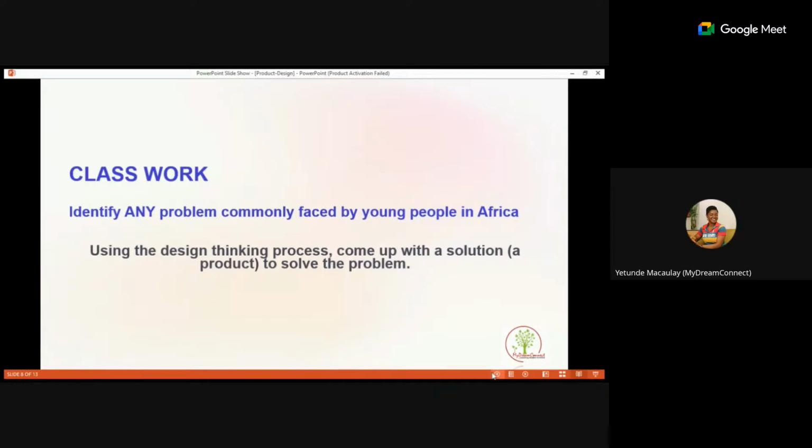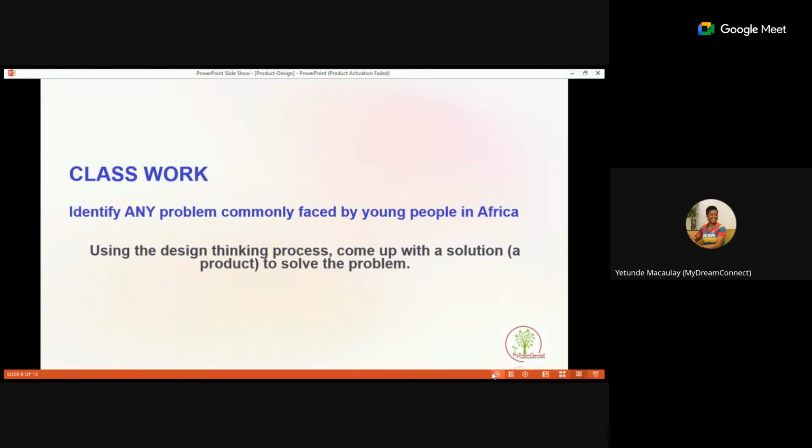Thankfully, we did leadership this morning. So we want to look at it from that viewpoint: we've identified a challenge faced by young people in Africa, and then we create a product that's a solution that you can now start designing.